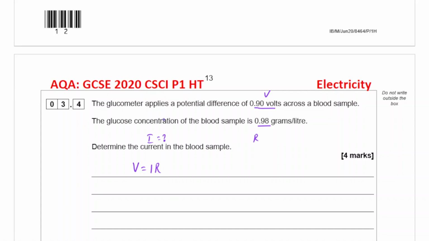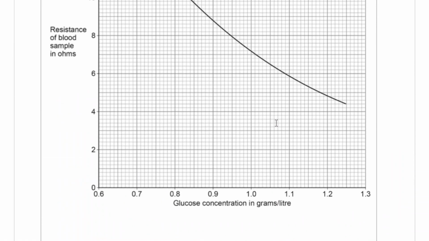To find the resistance, we are going to use the blood glucose concentration, which is 0.98 grams per liter. So 0.98 is here, which is 2 boxes away from 1.0. So it's right over there. And this is 7. So halfway is 7.5 ohms.